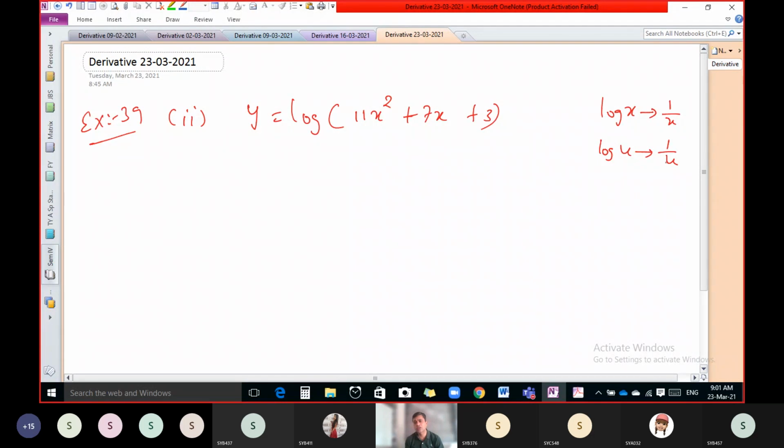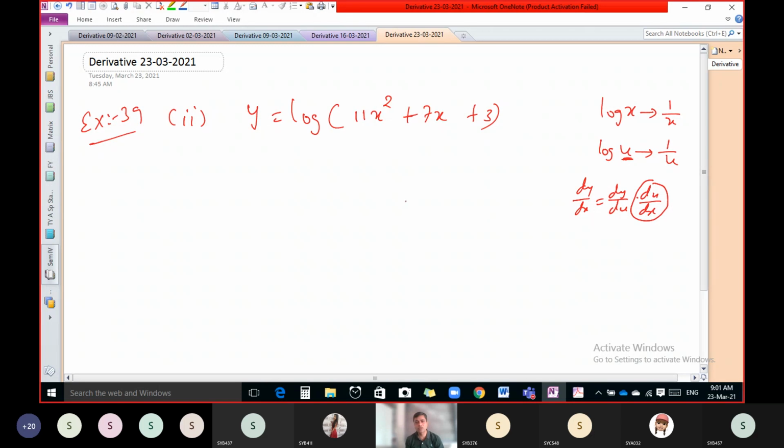So derivative of log u is 1 upon u, and according to chain rule, dy by dx is nothing but dy by du into du by dx. Whatever your u is, we have to multiply with its derivative with respect to x.